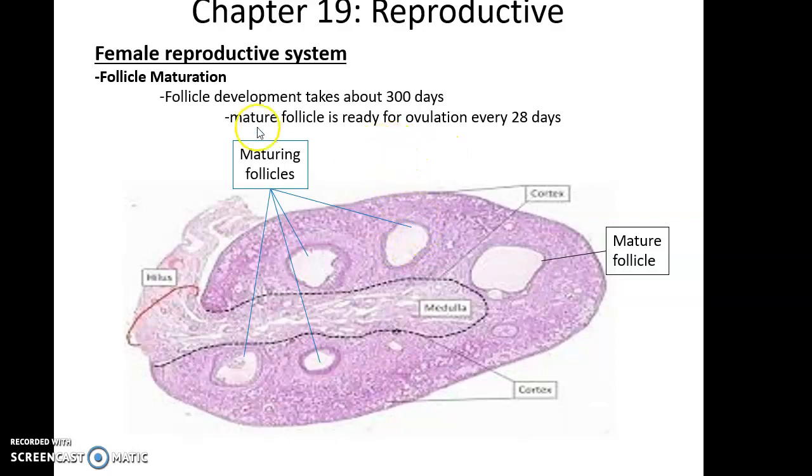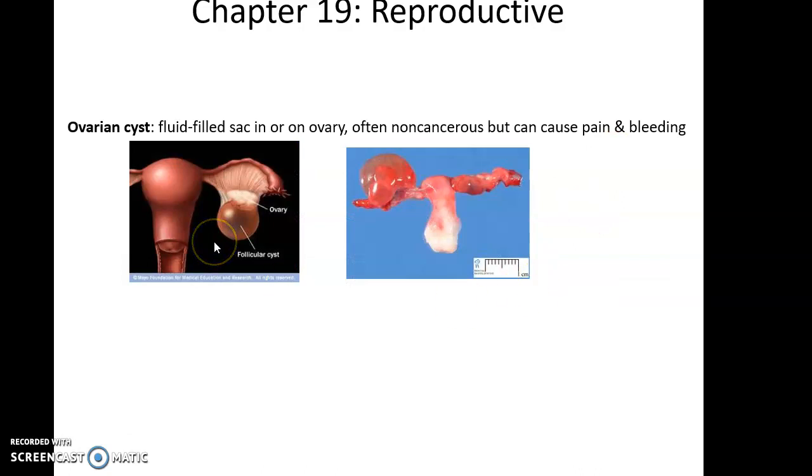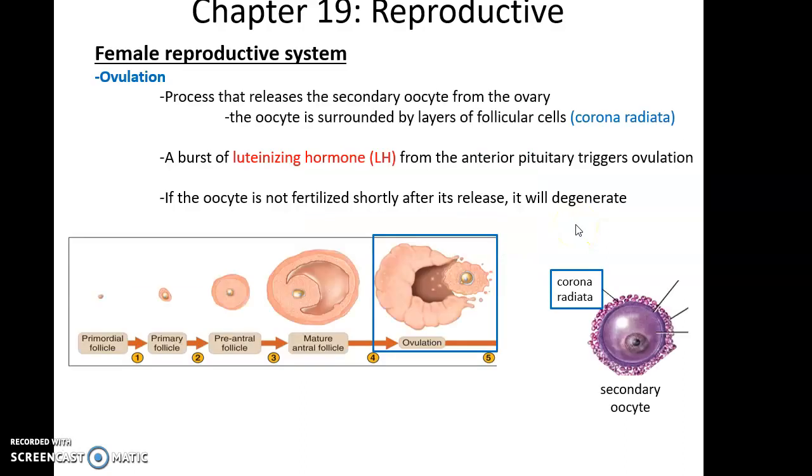And the most mature follicle usually erupts, leading to ovulation approximately every 28 days. Sometimes a mature follicle may not rupture and instead develop a follicular cyst, a fluid-filled structure associated with the ovary. It is non-cancerous, but it can cause bleeding and pain.